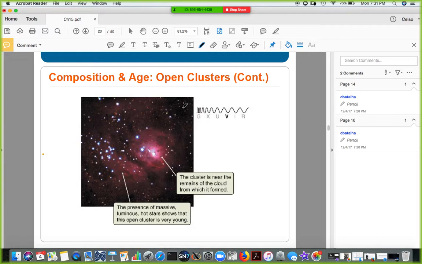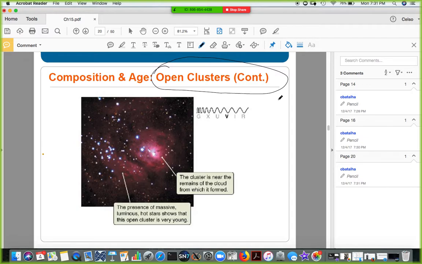Okay, but going back to clusters. In our galaxy we found globular clusters in the halo going around the galactic center, but there are also open clusters, and these open clusters have much fewer stars, hundreds of stars, which means the gravitational pull, the attraction of these stars, is not so intense. So once these stars evolve, they are coeval, they form at the same time, but as they evolve, they spread out and abandon the clusters.